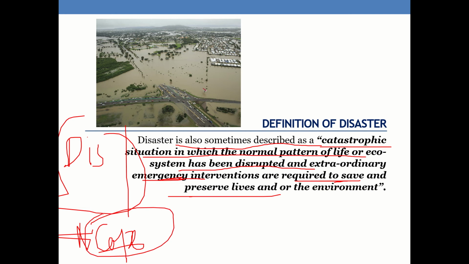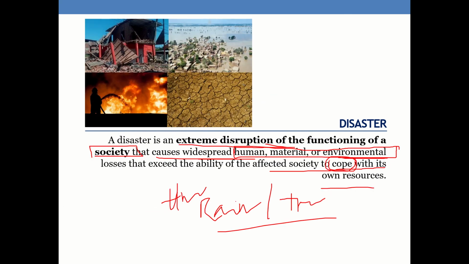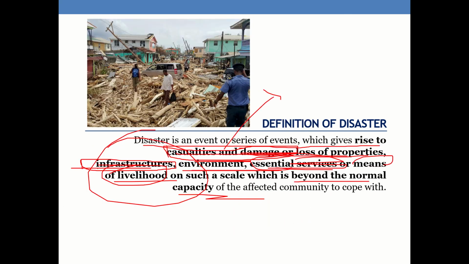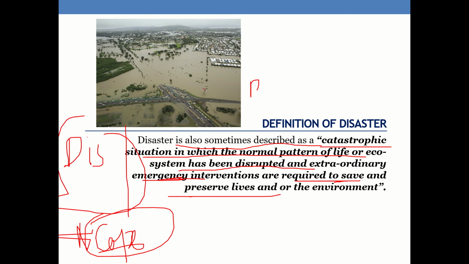We need emergency interventions from different stakeholders so that normalcy is brought back. In all three definitions, one thing is common: it is a situation where the society cannot do something on its own, and we need more help or more hands to help the society.